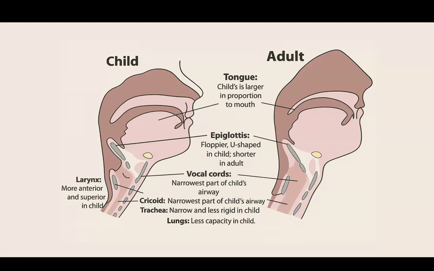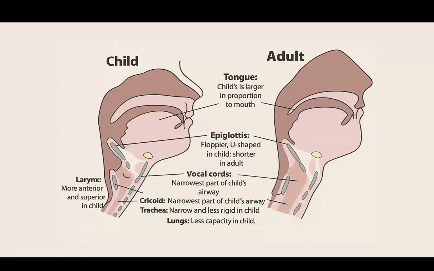The narrowest point is the subglottic area, around the cricoid cartilage. The diameter in pediatrics is smaller, so a small amount of edema may obliterate the airway.